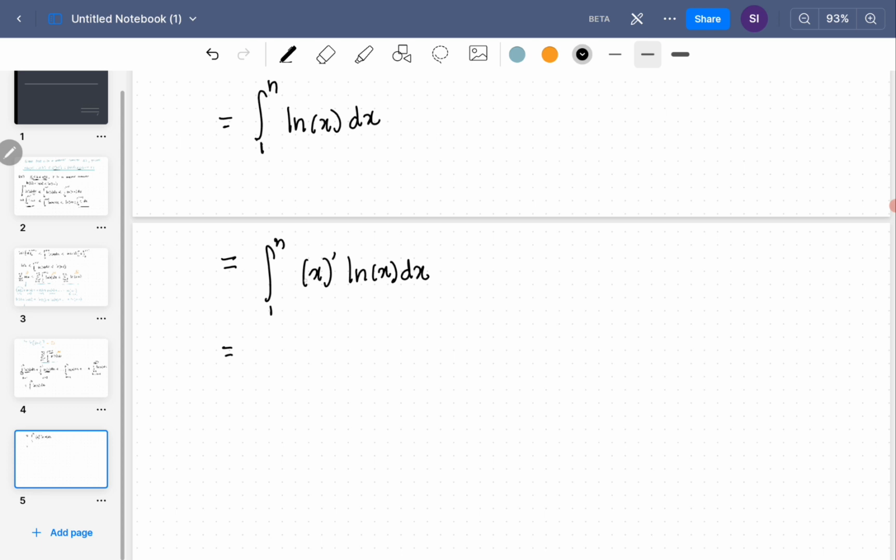So now we have 1 to n. We're going to do x natural log of x, from 1 to n, minus integration 1 to n, x times the derivative of natural log of x, which is just 1 over x, dx. This is just 1, so let's replace this.